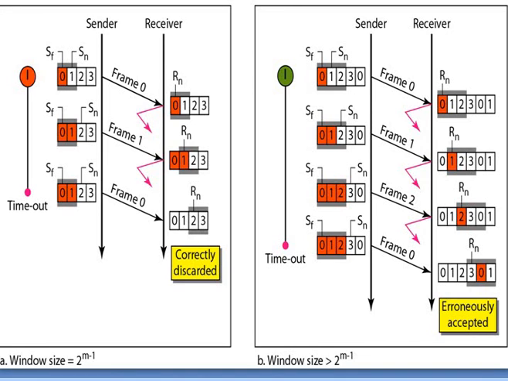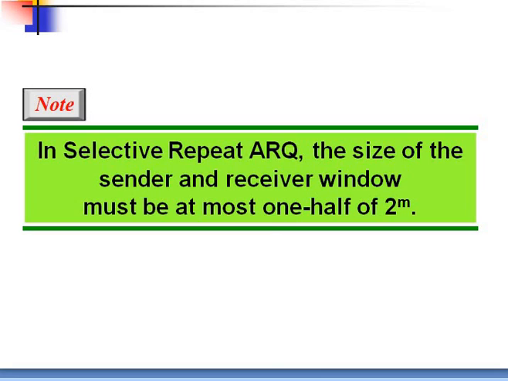This is clearly an error, and it is accepted at the receiver end. In selective repeat ARQ, the size of the sender as well as receiver window must be at most 1/2 of 2^m.